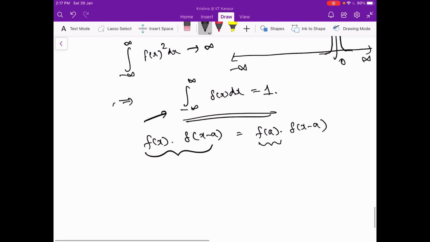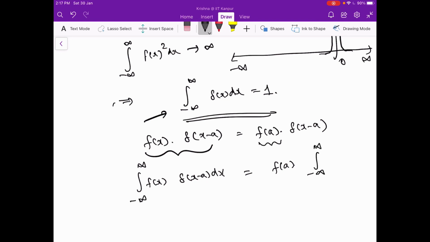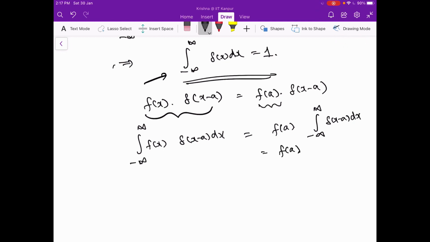And clearly, the integral of f of x into delta of x minus a dx from minus infinity to plus infinity will give us f of a into the integral from minus infinity to plus infinity of delta of x minus a dx, which will be f of a. So if we convolute any function f of x by delta of x minus a, then we get the value of the function at x equal to a, right?